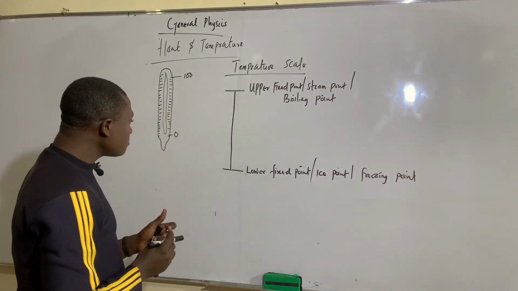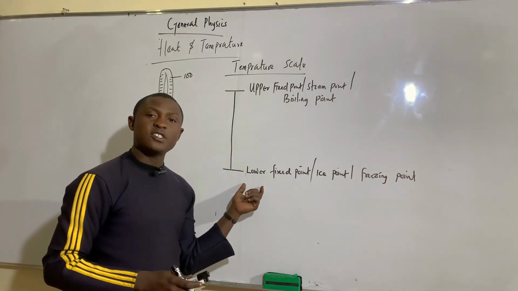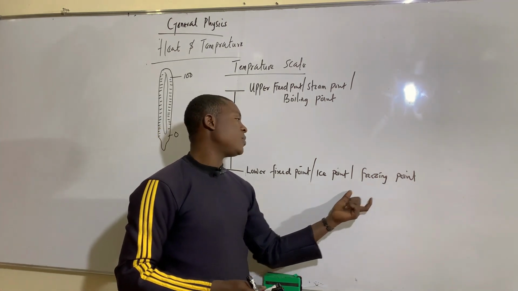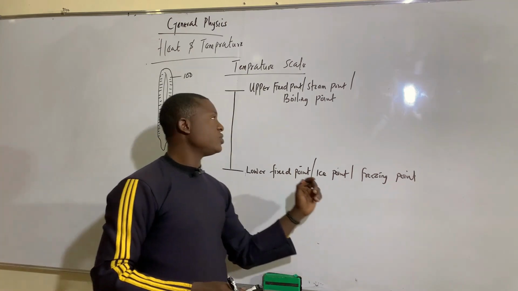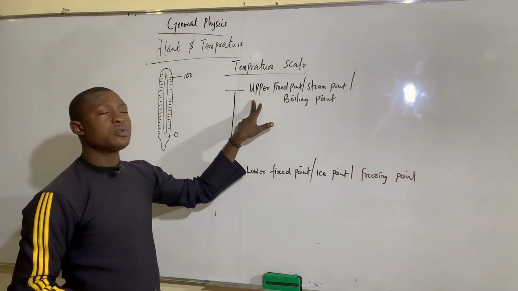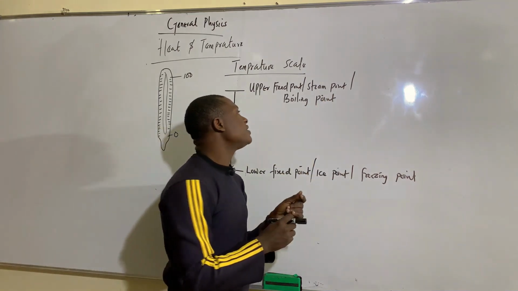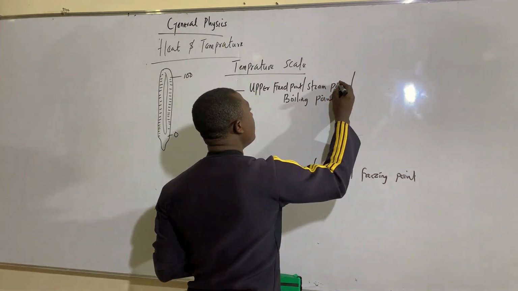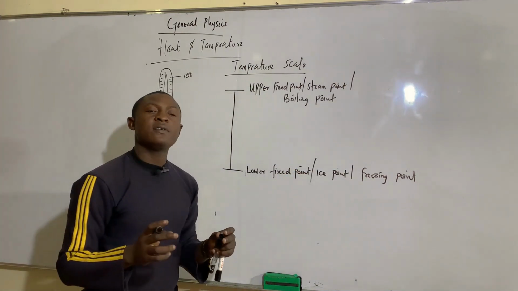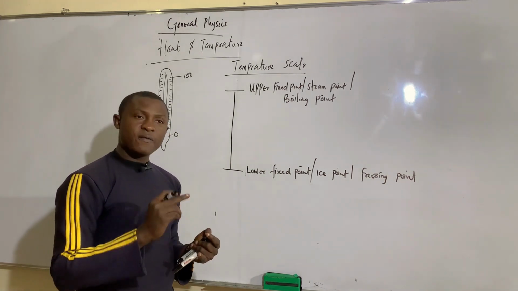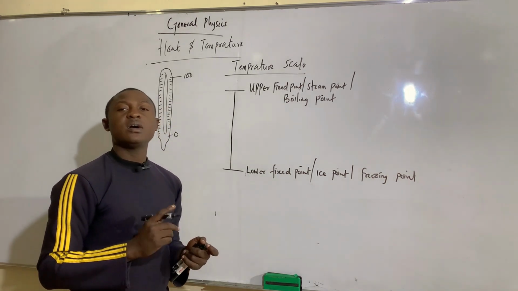Lower fixed point is what we call the ice point. The ice point is what we call the freezing point. The same things are applicable to this side also. When we have this side, we call it upper fixed point, or steam point, or boiling point.